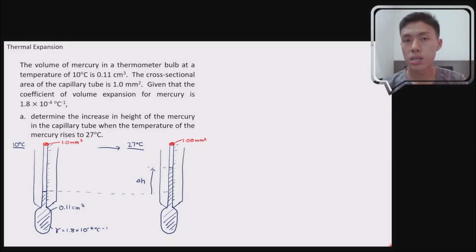Now we need to perform unit conversions for the area and the volume, because the cross-sectional area is given in millimeter square, whereas the volume is given in centimeter cube. So let's make sure everything is in SI unit. The original volume is 0.11 cm cube.